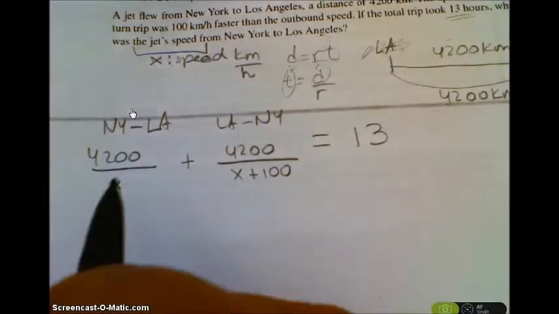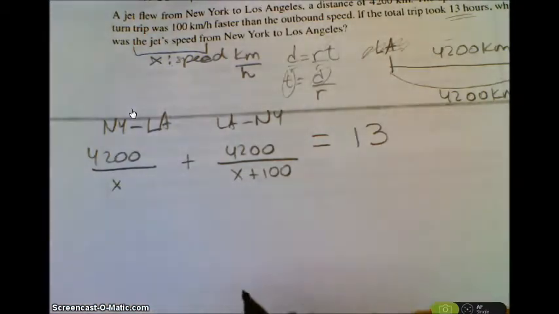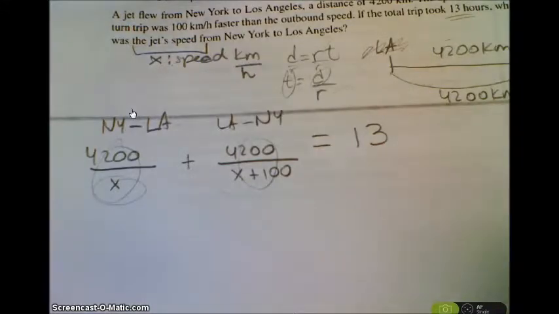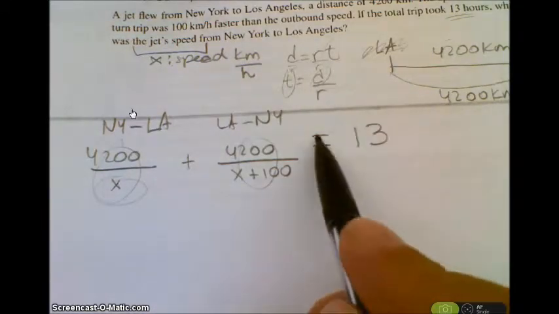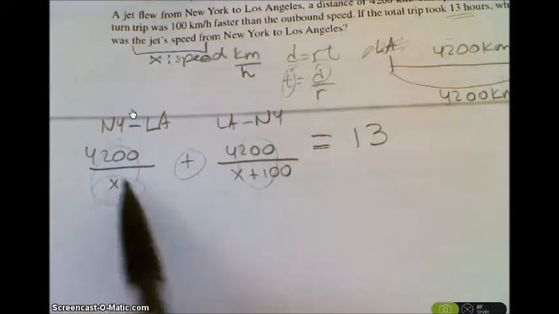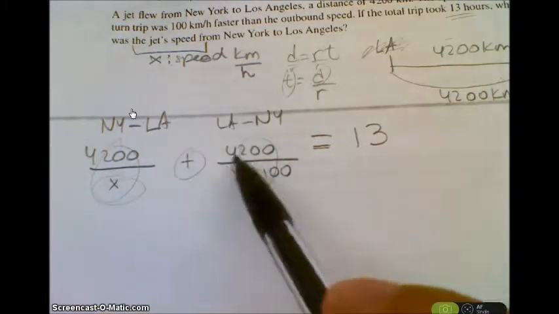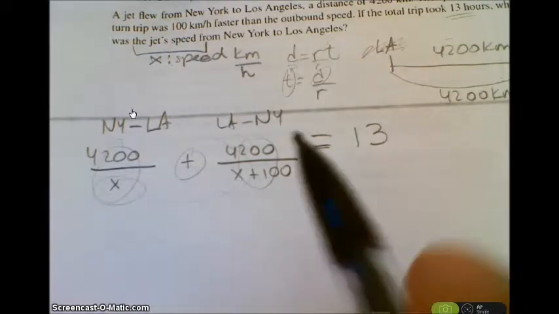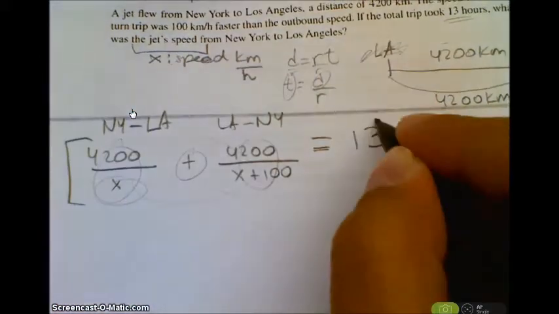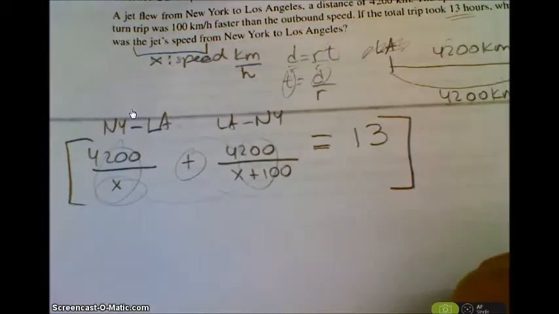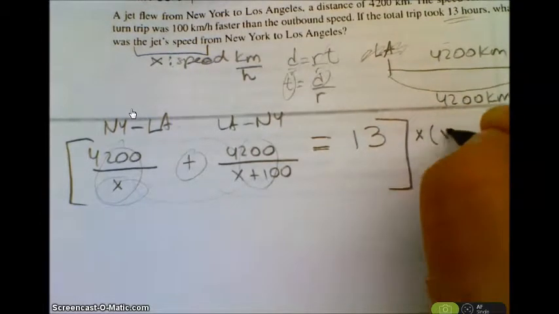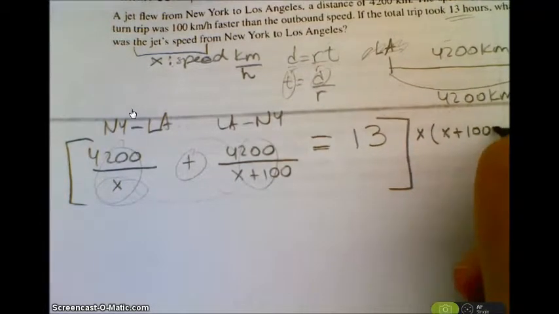So remember how we solve these kinds of equations. I have two fractions with different denominators. Since this is an equation, I'm not required to find the greatest common factor and simplify these two fractions into one. The only thing I'm going to do is multiply the entire equation by those two denominators if they are different. So I'm going to multiply the entire equation by x times x plus 100.